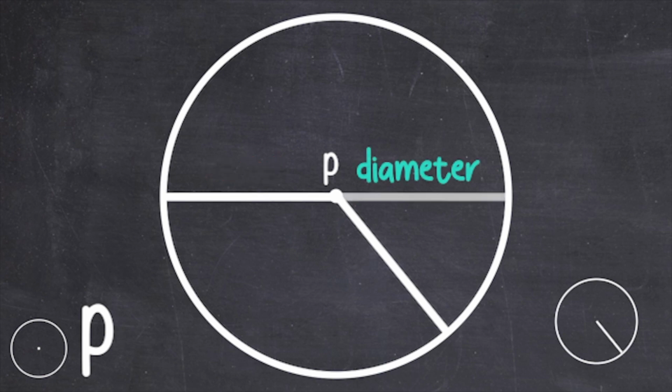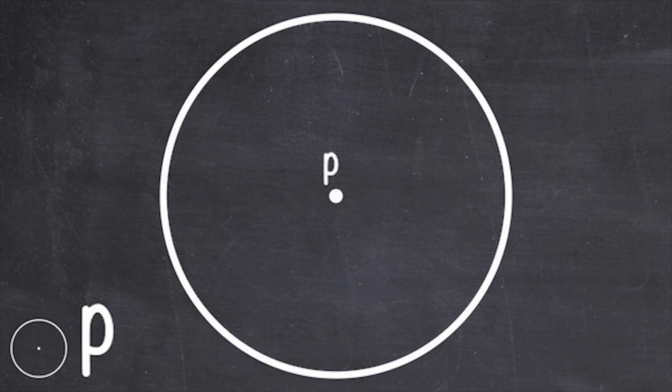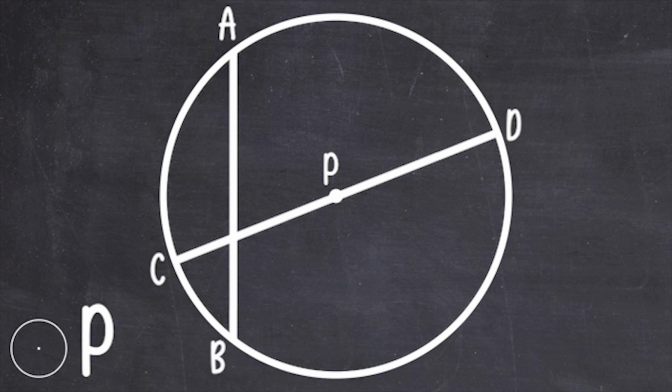The diameter of a circle is the length of a line segment that satisfies two criteria. The endpoints of the line segment are along the circle. The line segment passes through the center of the circle. Look at circle P. Which of the two line segments would give you the length of the diameter of the circle?